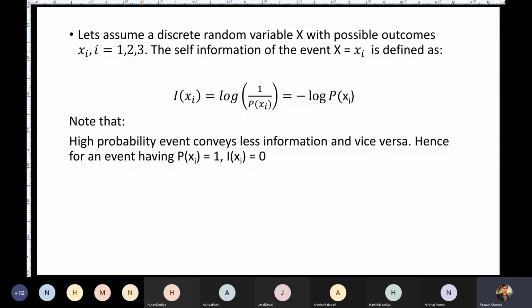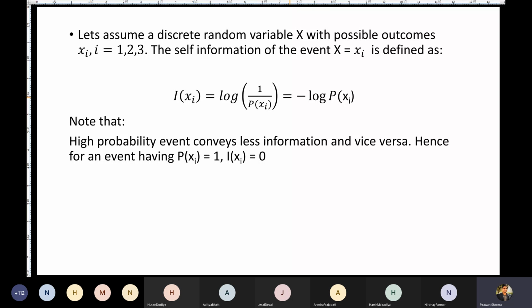So this event X having values as x1, x2, x3, how much information is contained in this event capital X is represented as capital I(xi). So the formula is, the self information of the event X is log 1 over p(xi), and if you take this p(xi) up, then a minus sign will come.